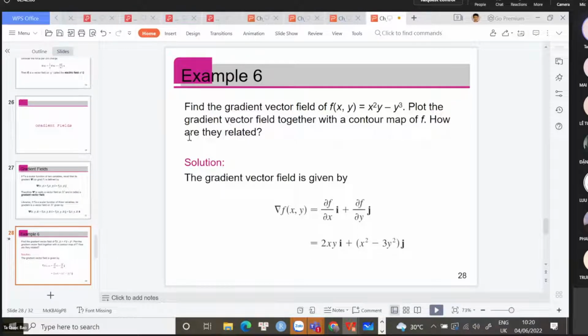Plot the gradient vector field together with the contour map of f, and see how they are related. So now we have the gradient vector field of f. This is the partial derivative of f in x and y, and from here you obtain these results, right?